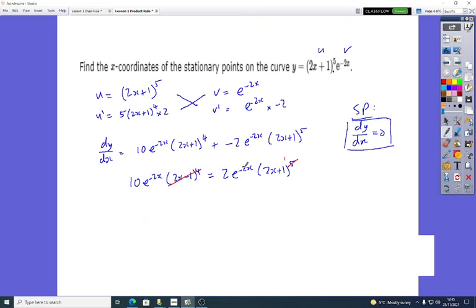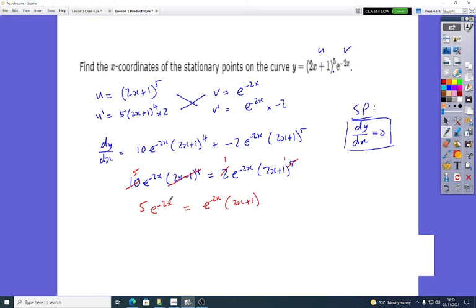So what I can do is divide both by 2. So 10 divided by 2 is 5, and 2 divided by 2 is 1. So what I've got here on this side, 5e to the minus 2x equals e to the minus 2x bracket 2x plus 1.